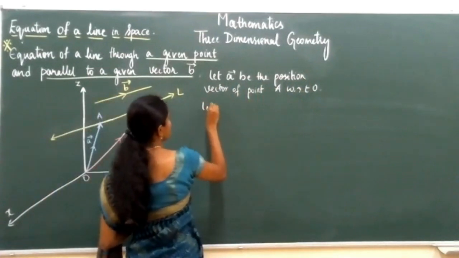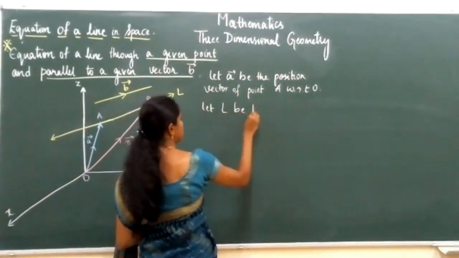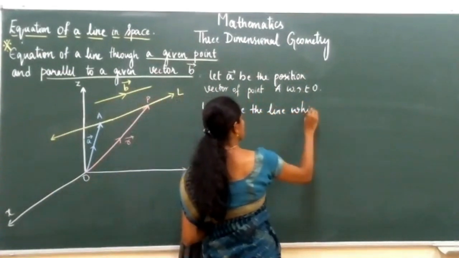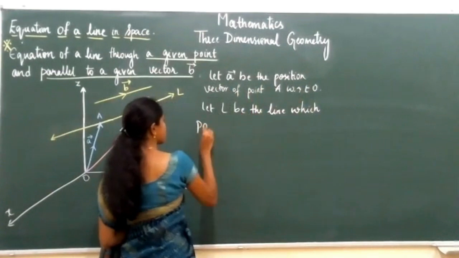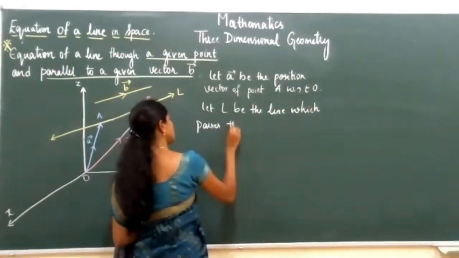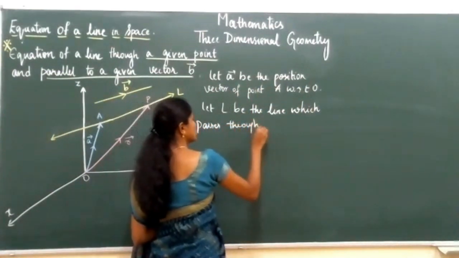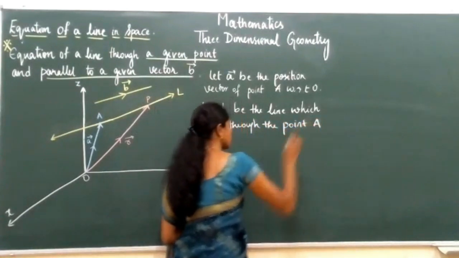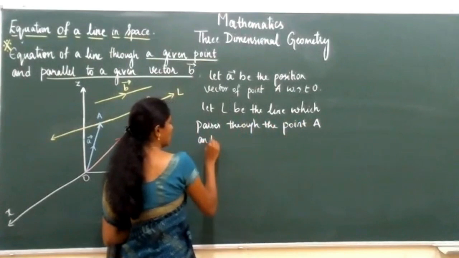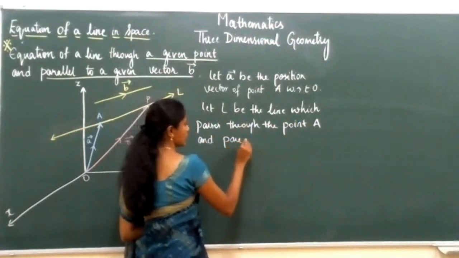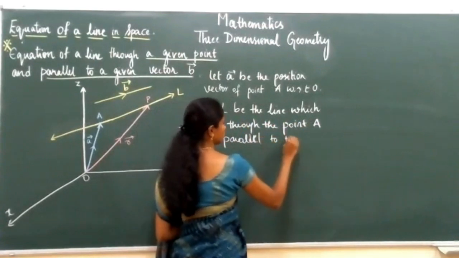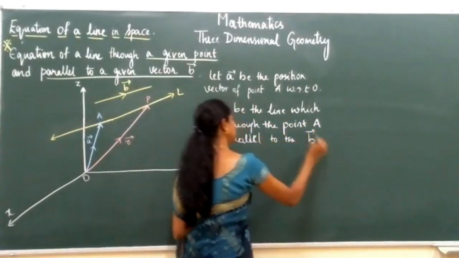Next, let L be the line which passes through the point A and is also parallel to the vector b.